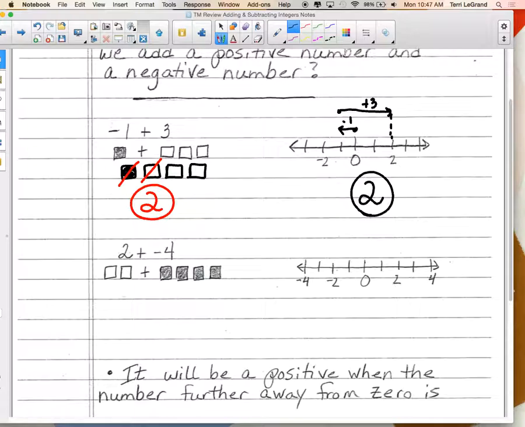Okay, give me a real life example of something that would pertain to this addition. A negative 1 plus 3. Anybody make that real? Negative 1 plus 3.